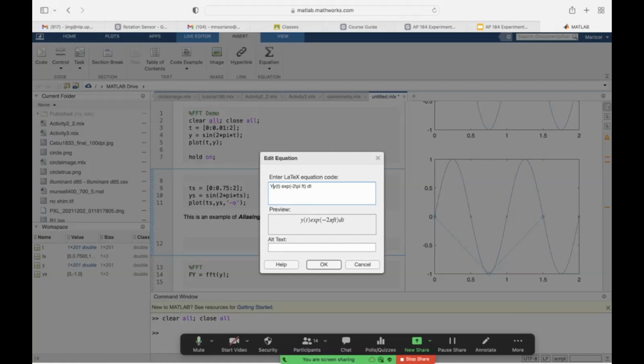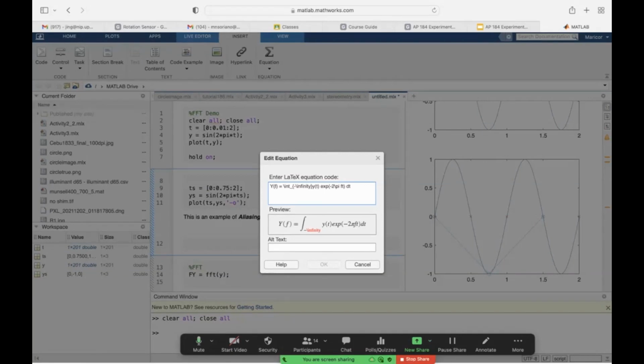Then you output y of f. This is the integral. What is infinity, guys?